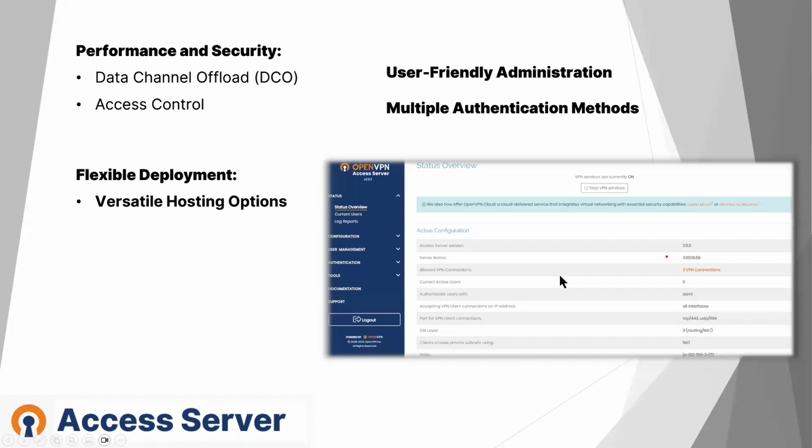Scalable and high availability by using clustering, obviously, of multiple servers. You can enhance load balancing and ensure high availability. And basically, these features collectively make the Access Server a comprehensive, adaptable solution for securing remote access to your business networks.